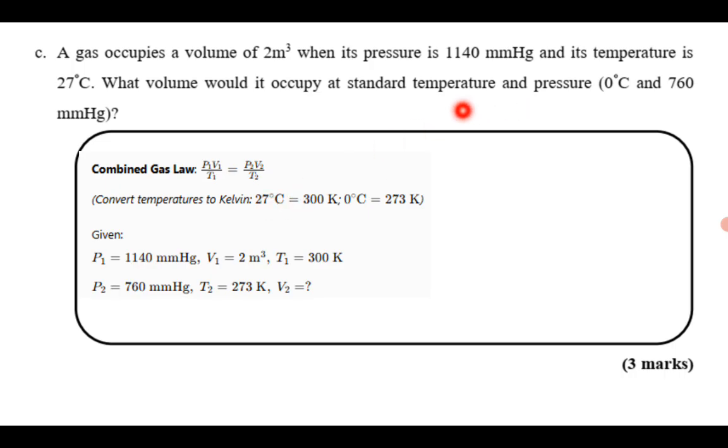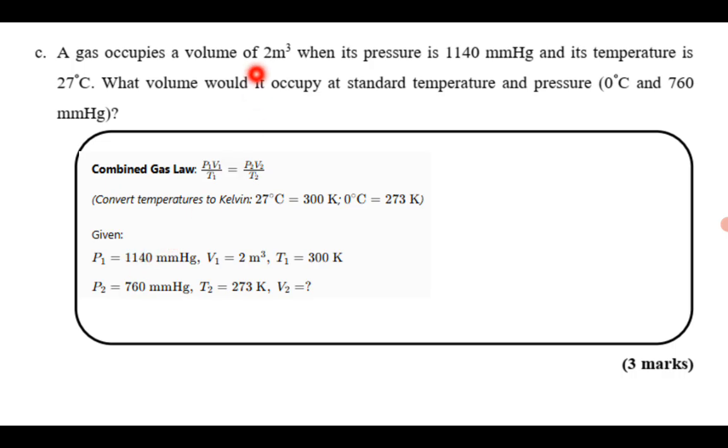So you change the temperatures into kelvin. So in this case, the 27 degrees Celsius will become, you simply add 273 to 27 to give you 300 kelvins. So this temperature here is 300 kelvins, and the 0 degrees Celsius is 273. Just add 273 to get the temperature in kelvins.